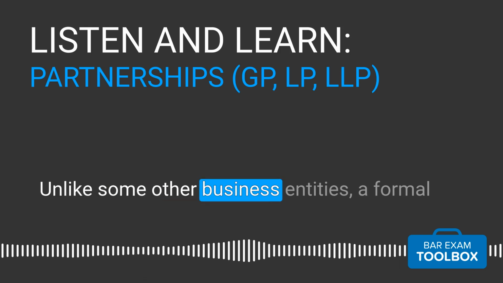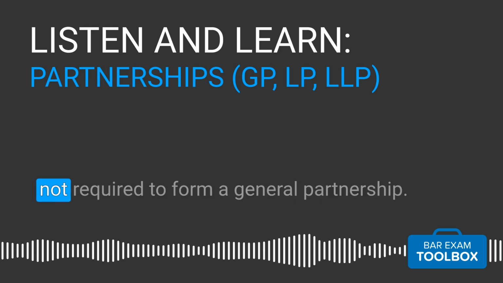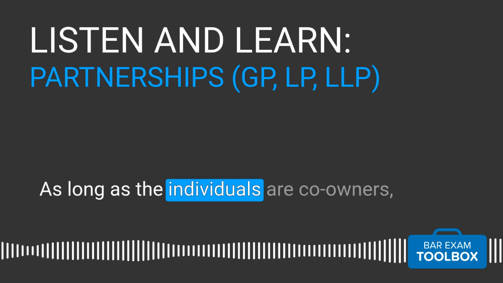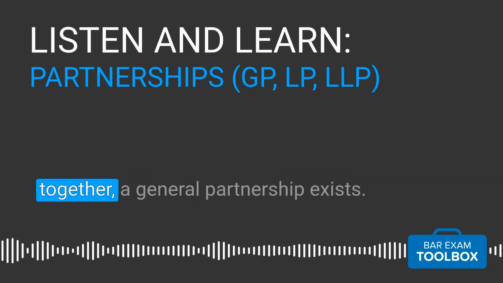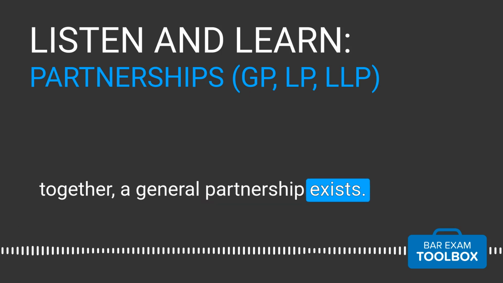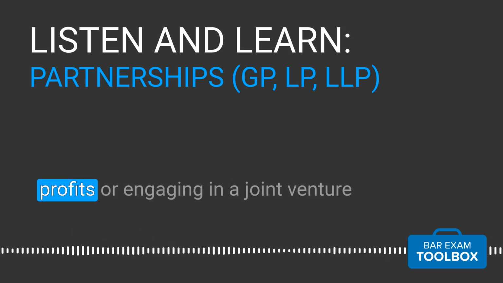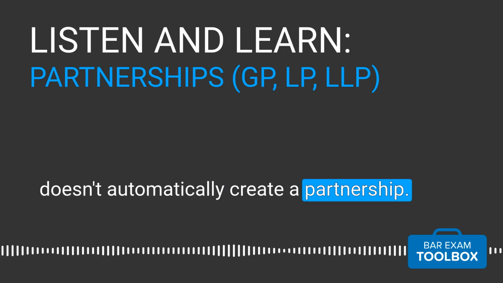Unlike some other business entities, a formal agreement or intent to form a partnership is not required to form a general partnership. As long as the individuals are co-owners, share profits, and conduct business together, a general partnership exists. It's important to note that simply sharing profits or engaging in a joint venture doesn't automatically create a partnership.